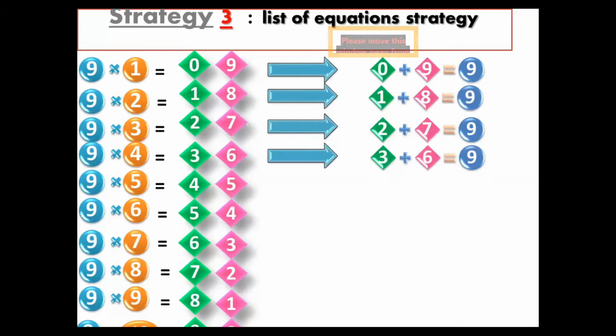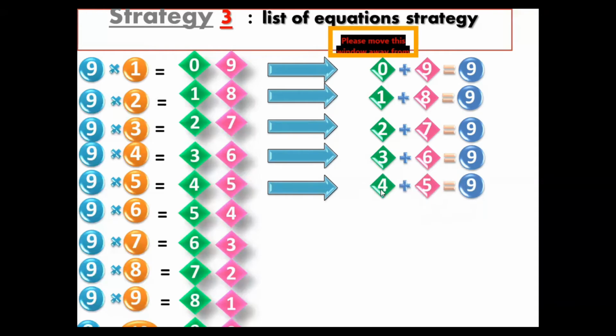And also here 9 by 4 equals 36. So the sum of the digits 3 and 6 equals 9 also. 9 by 5 equals 45.